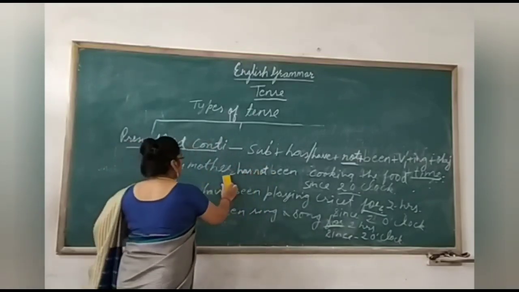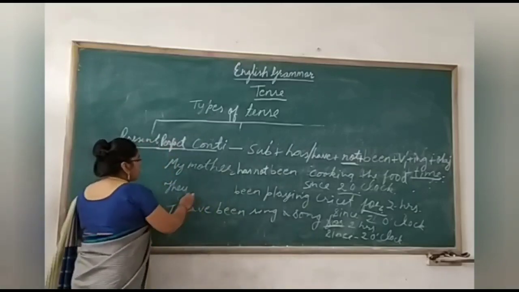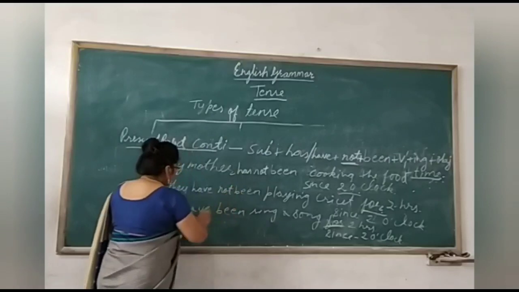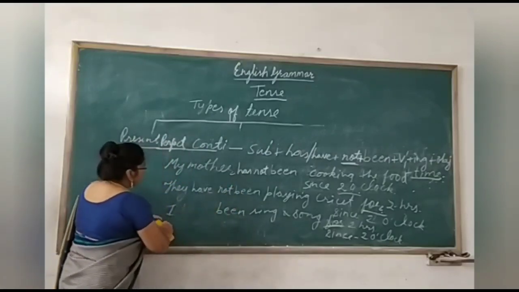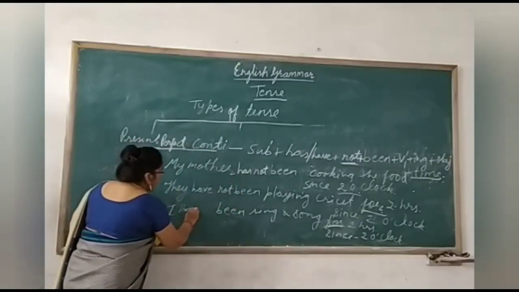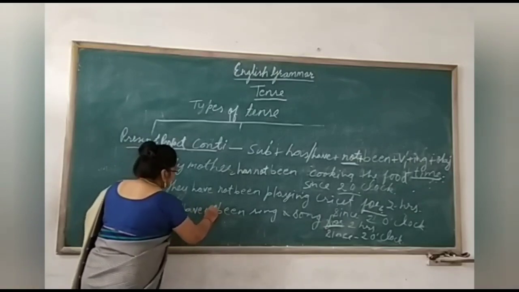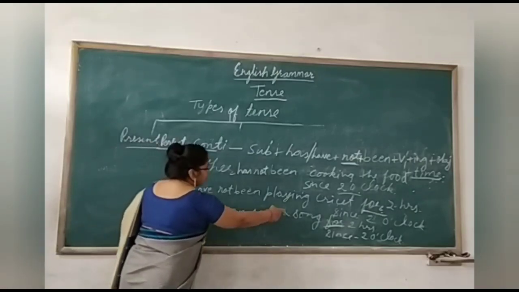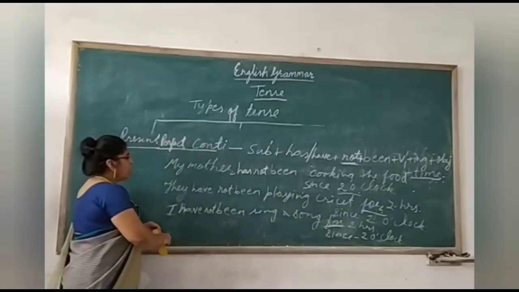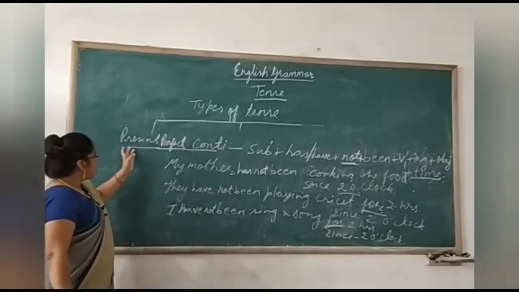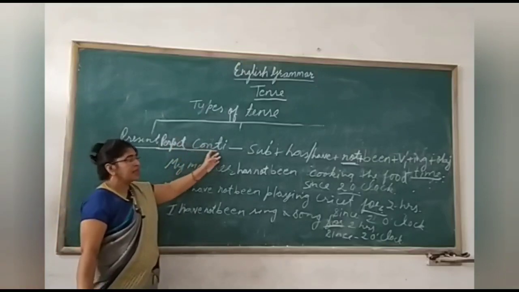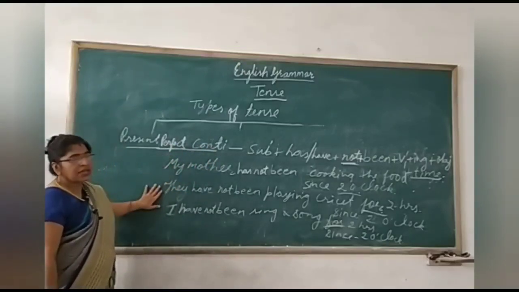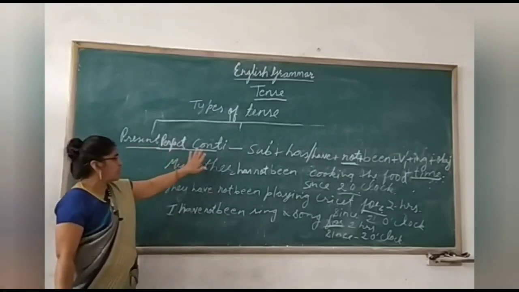Here also, where will you add? They have not. Clear? Here also, I have not. I have not been singing a song. So this is the negative sentence of present perfect continuous.